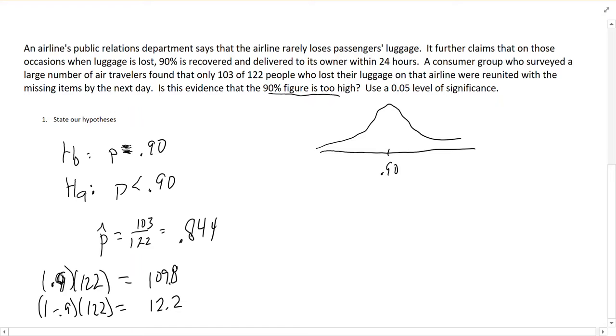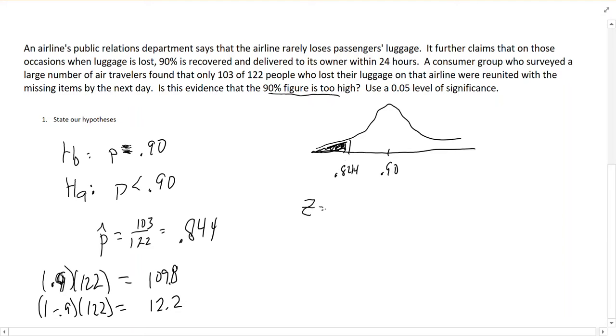What we're looking for with our hypothesis test is the probability that I can get a sample with a proportion of 84.4% or less if the proportion is really 90%. That's really what we're trying to answer.